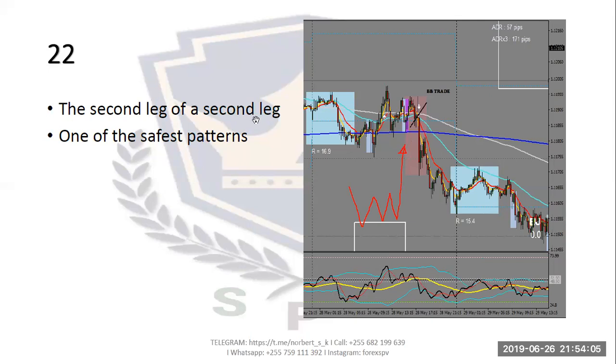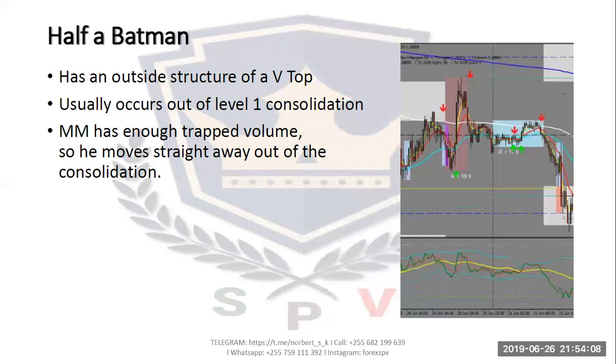We have the half a Batman. Half a Batman is basically a V top with a consolidation. Here the dealer has done the stop and high, trapped enough volume for him to swing the market away on the first leg. From there he would consolidate around this area.